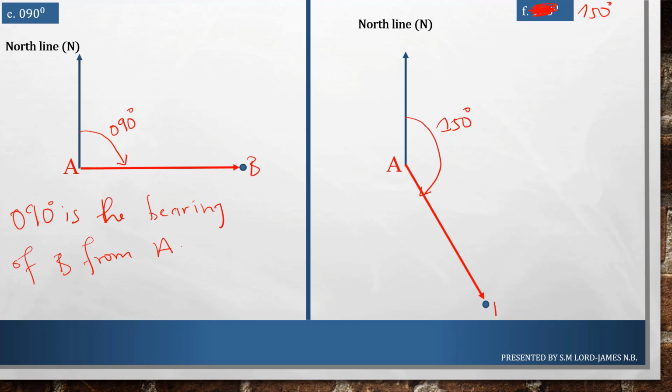So if we call this point, let's call it maybe C now, it means that 150 degrees is the bearing of C from A, and that's it.